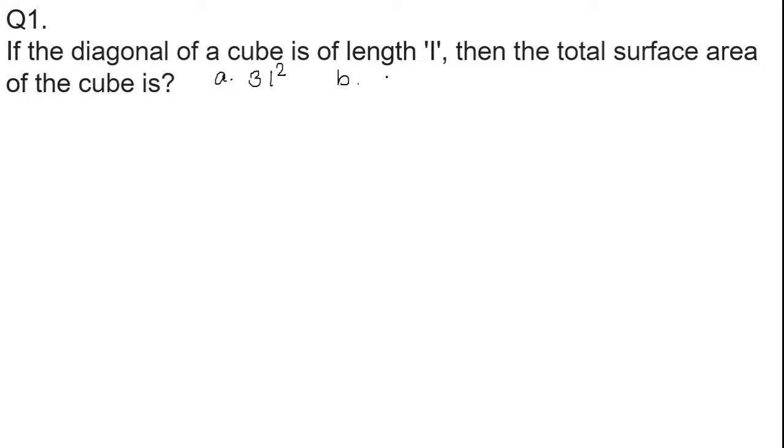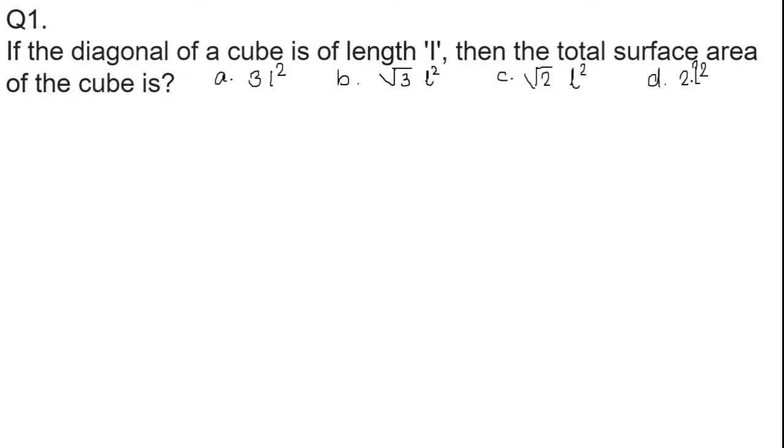The second option is under root of 3L square. Option C is under root of 2L square, and option D is 2L square. So these are the four options.